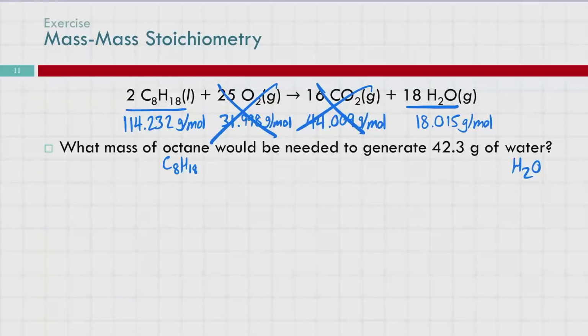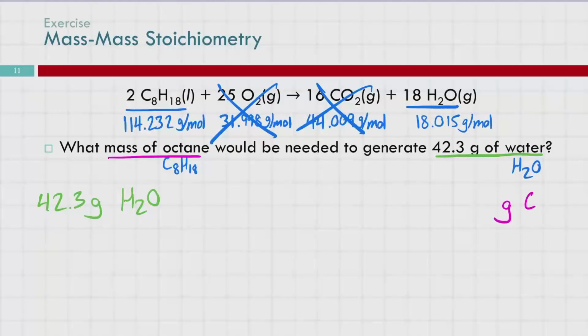Which chemical are we starting with? Which chemical do we have a number with? 42.3 grams of water. That is our starting point. So 42.3 grams of water is what we're starting with. That means the other thing, mass of octane, is what we're looking for.